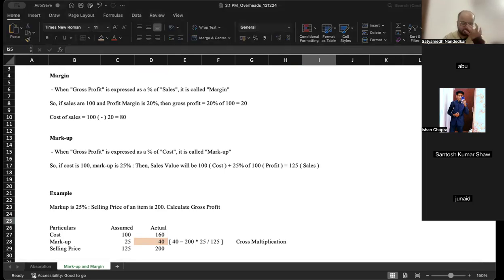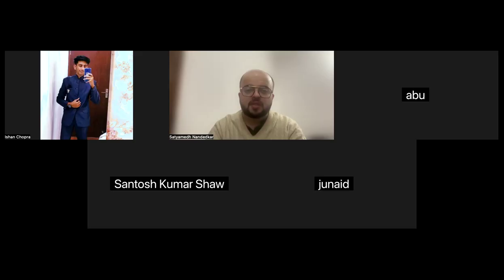Chalo. With this in mind, let's now progress to the next part of the discussion, which is now the actual part of performance management, which is the first topic, specialist cost accounting techniques.